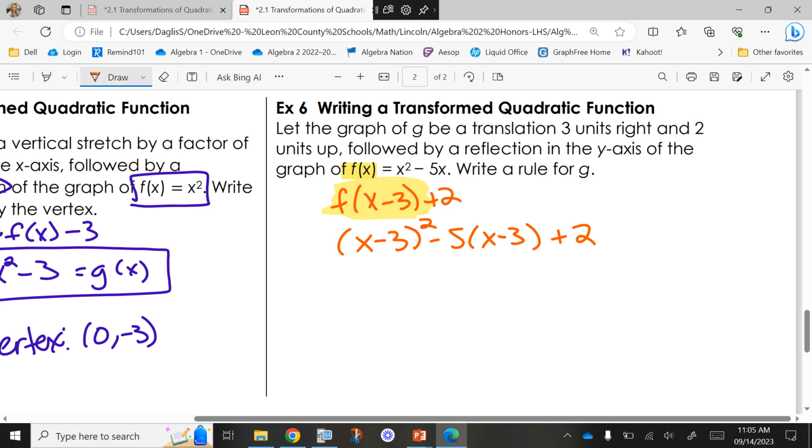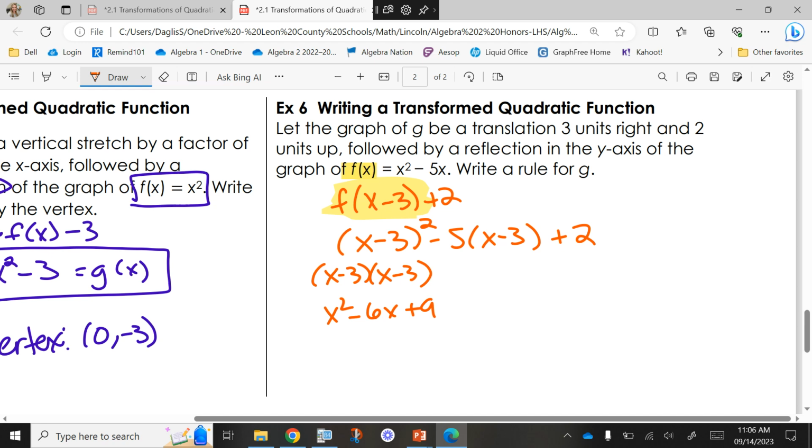So now I'm going to make you expand. Go back to algebra 1. Binomial squared, x minus 3 squared is x minus 3, x minus 3. Yeah, good old-fashioned foiling. That gives me x squared minus 6x plus 9.